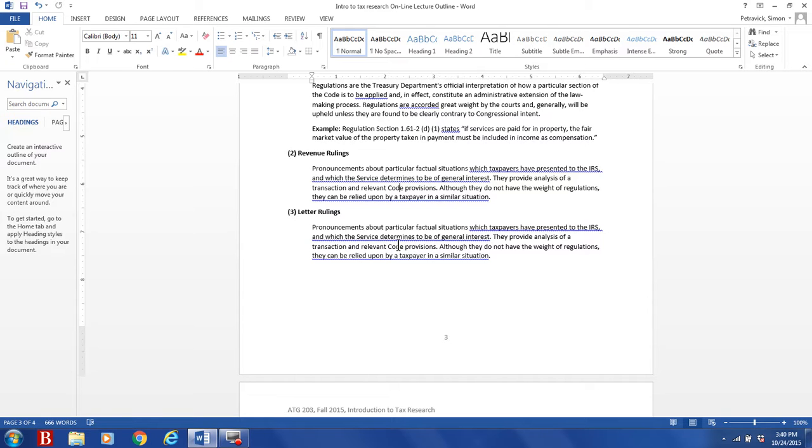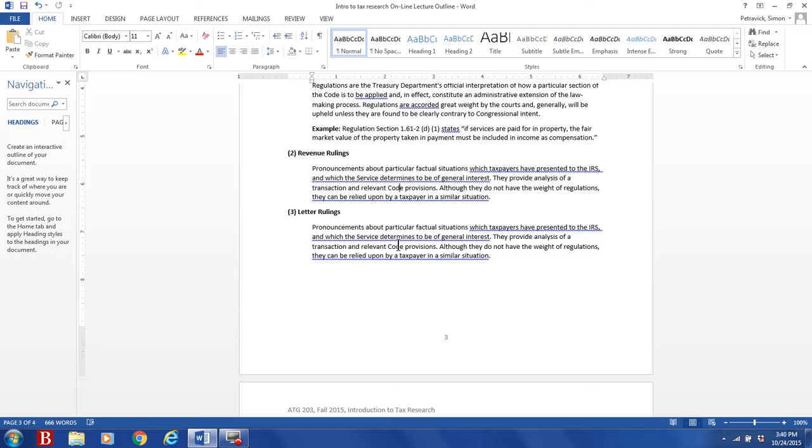At one time, the letter rulings, to just differentiate 2 from 3, were thought of as private. So in the case of number 3, a taxpayer might propose a certain situation to the IRS. The IRS comes back and says this is how we would treat that.